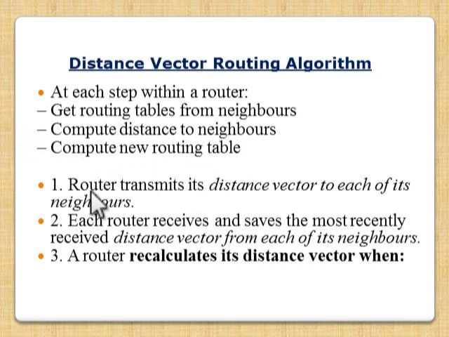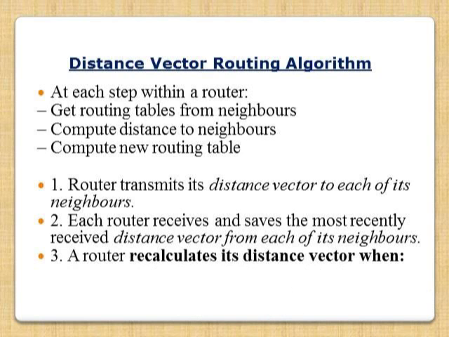First, a router transmits its distance vector to each of its neighbors. Second, each router receives and saves the most recently received distance vector from each of its neighbors. Third, a router recalculates its distance vector.